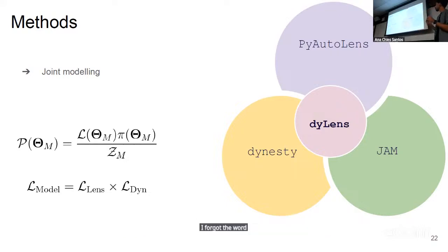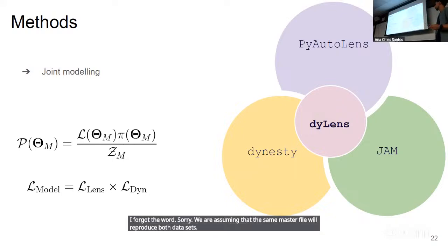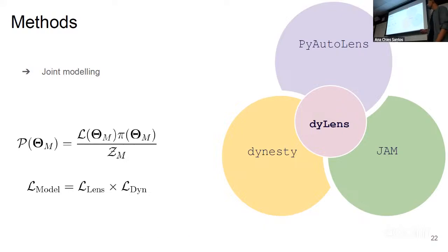We are assuming that the same mass profile will reproduce both data sets, such that our model likelihood is actually a combination between the lens likelihood and the dynamical likelihood.